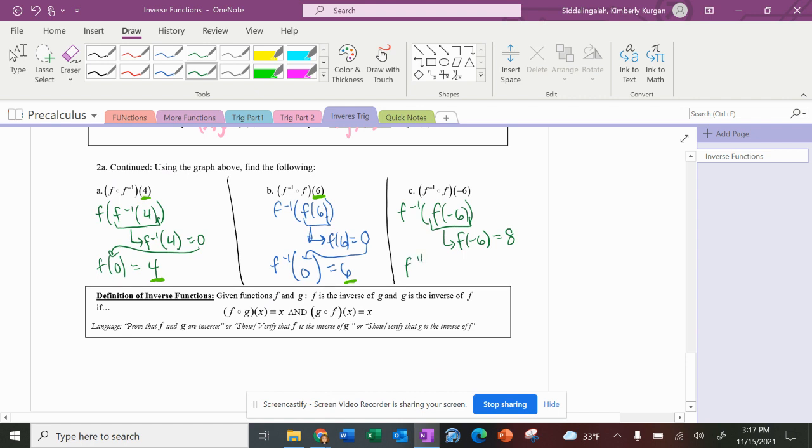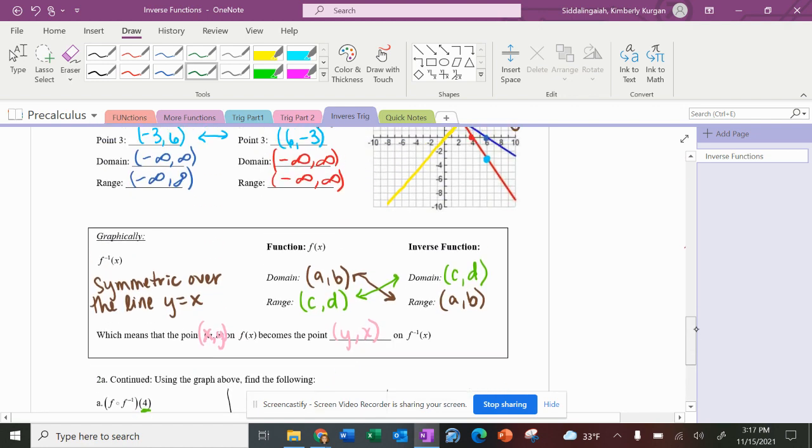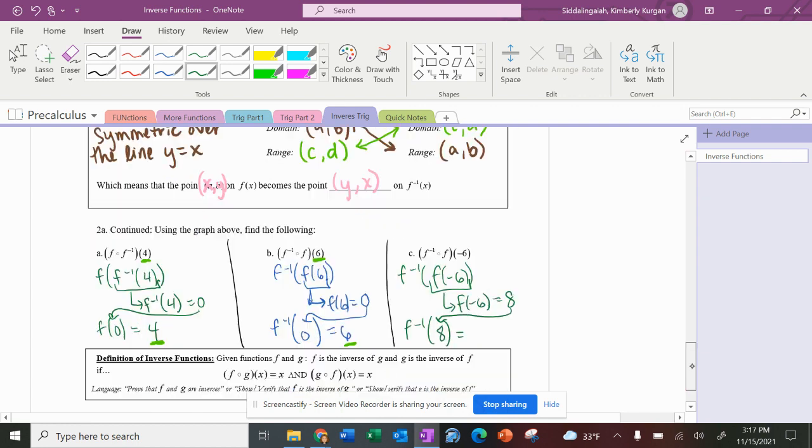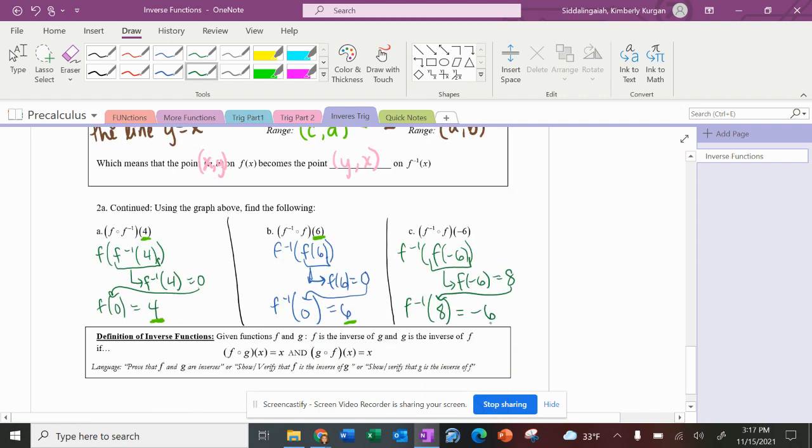So f inverse of 8, I'm getting too excited here, I can barely write. F inverse of 8. So 8, f inverse is the red, and that is, okay, so that y coordinate is -6. Holy smokes. Check that out.